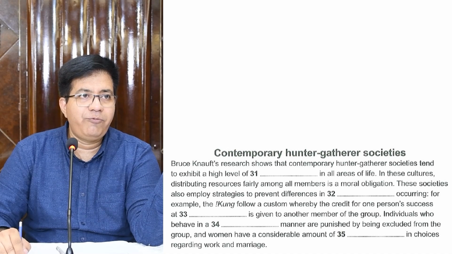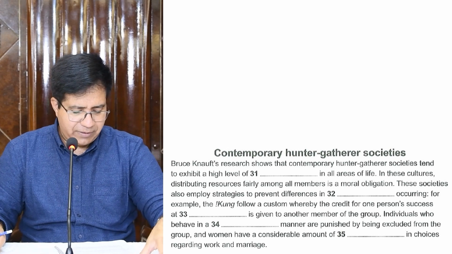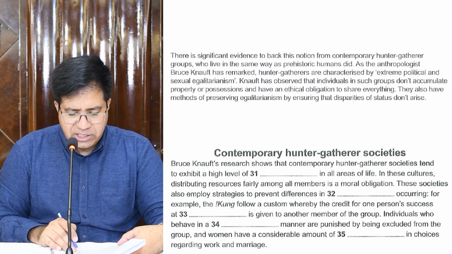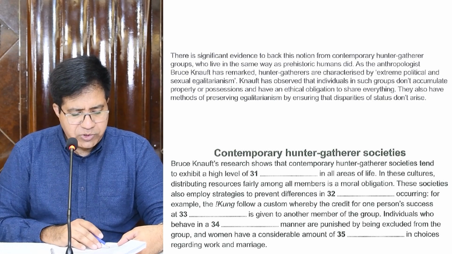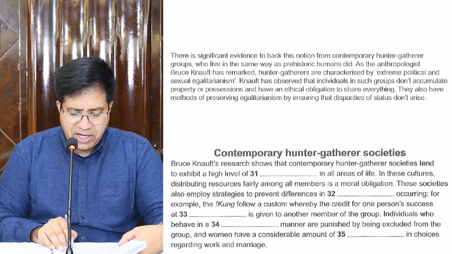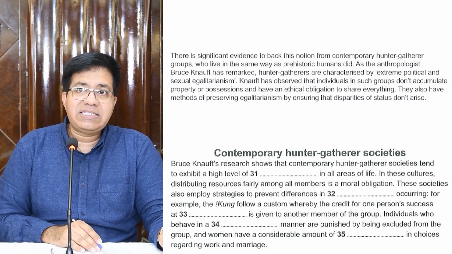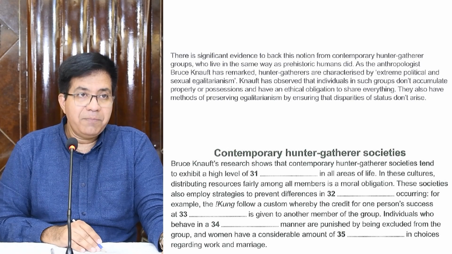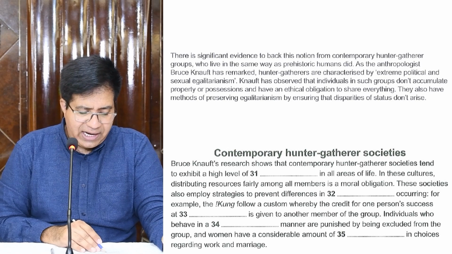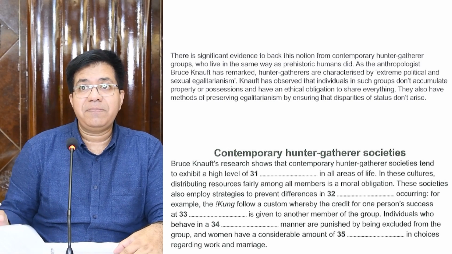Now, high level of what? As we are discussing selfishness and all that, high level of something. So please come to the last paragraph. I'm reading it from the third line. Bruce Knauft has remarked hunter-gatherers are characterized by extreme political and sexual egalitarianism. Extreme means high level of. And then they use the words political and sexual, and the answer is egalitarianism.